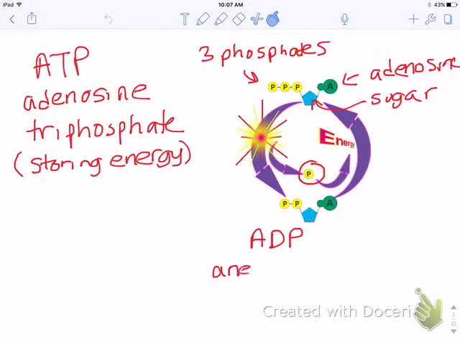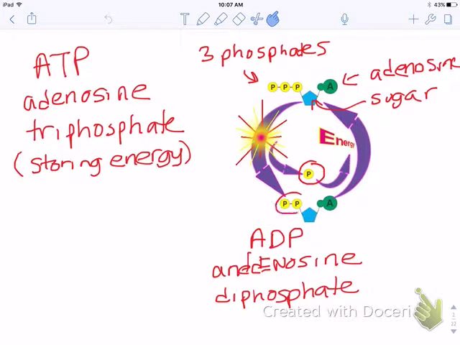ADP is adenosine diphosphate, which means that it has only 2 phosphate molecules. So this is like an uncharged battery. ATP is like a charged battery.